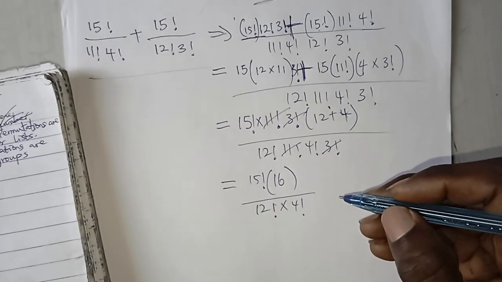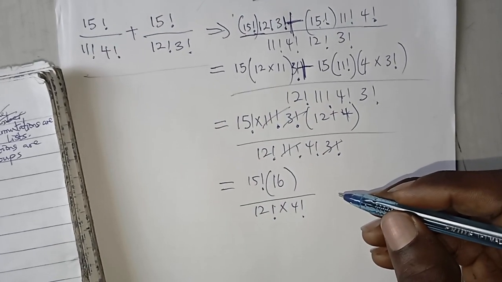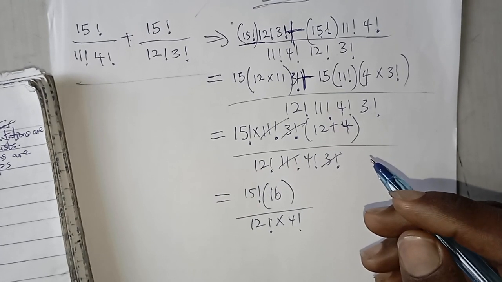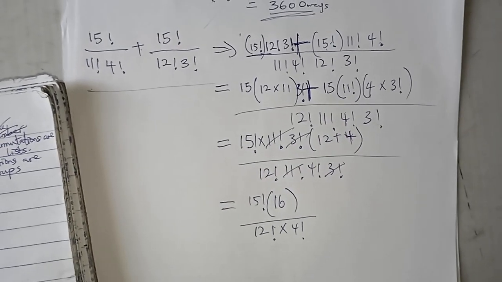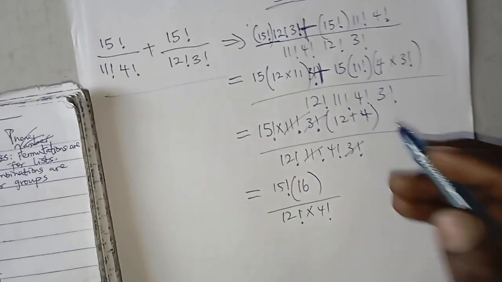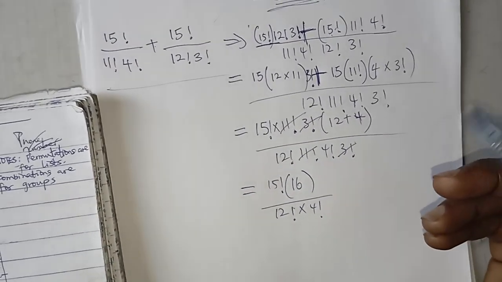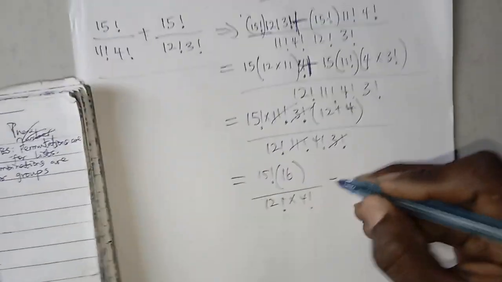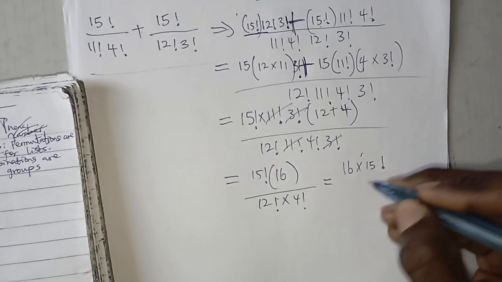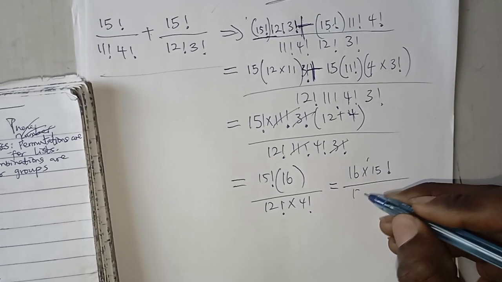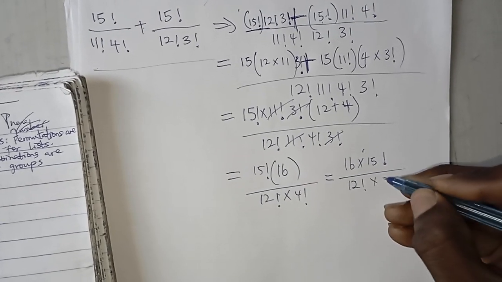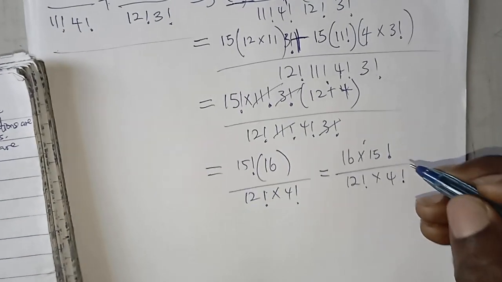So if you look at this very well, you see that this is 16 times 15 factorial all over 12 factorial times 4 factorial.